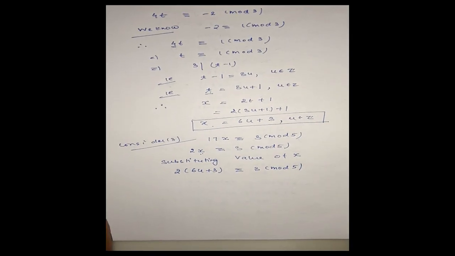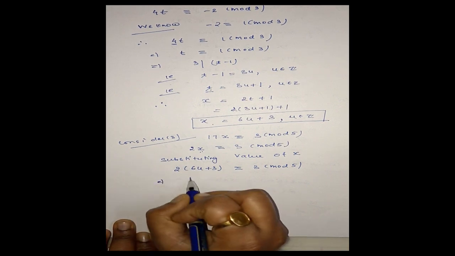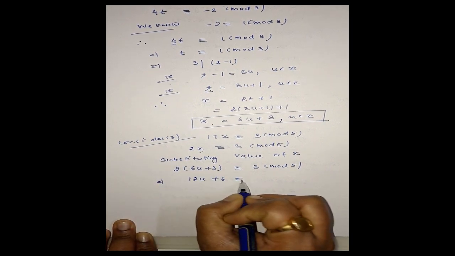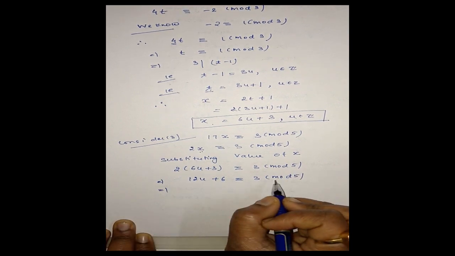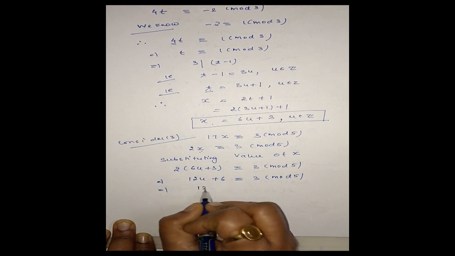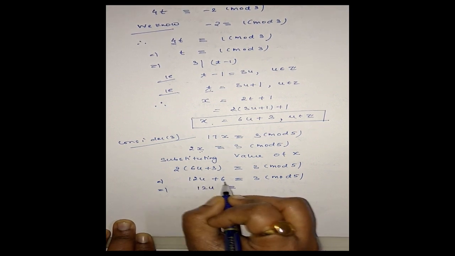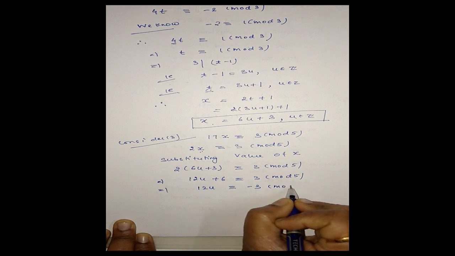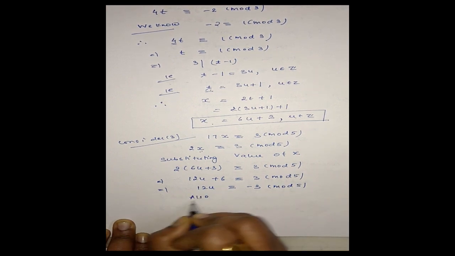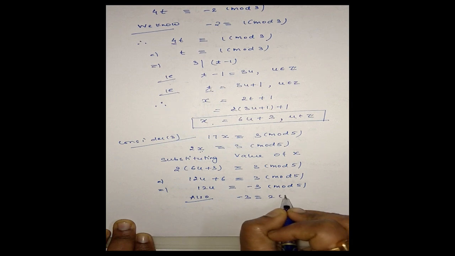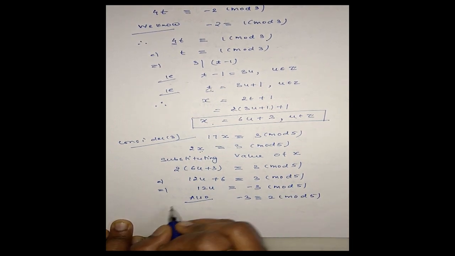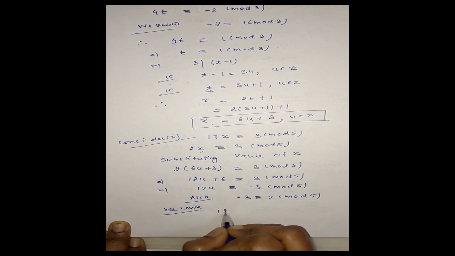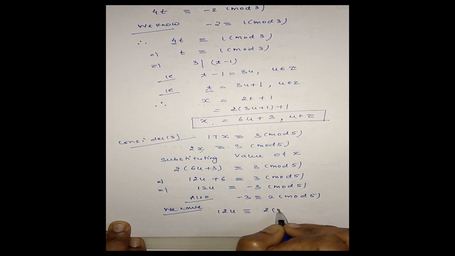This is the same as 12u plus 6 is congruent to 3 modulo 5. Subtracting 6 from both sides, 12u is congruent to minus 3 modulo 5. Also we know minus 3 is congruent to 2 modulo 5, since 5 divides minus 3 minus 2, that is minus 5. So we have 12u is congruent to 2 modulo 5.